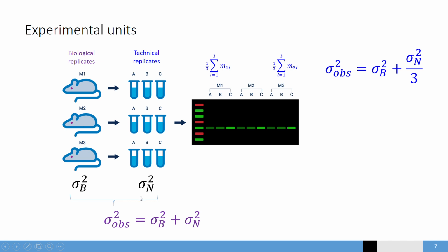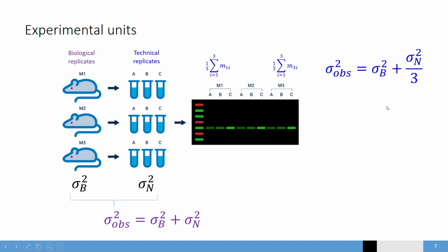So the total variability that you observe is the addition of the two: the biological variance plus the noise variance. But because we are computing the average of these three technical replicates, the variance of the average is not the variance of each one of the test tubes individually.